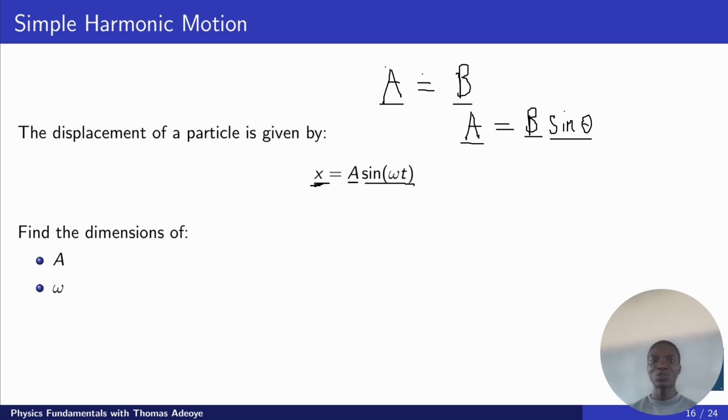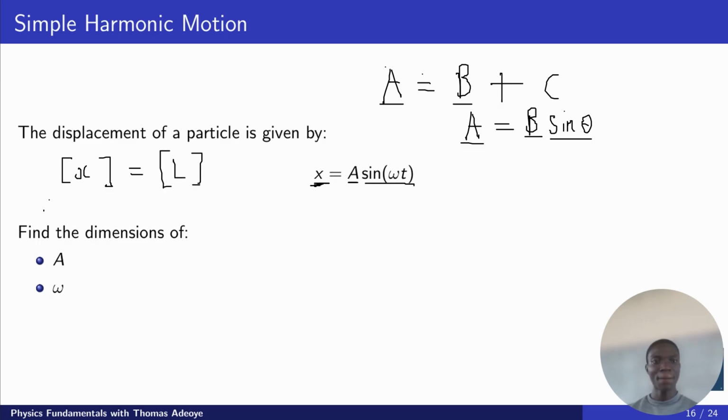If A equals B plus C, A, B, C, each of them must have the same dimension according to the principle of homogeneity. So same thing happens here. So x and a will have the same dimension. So the dimension of x is L.